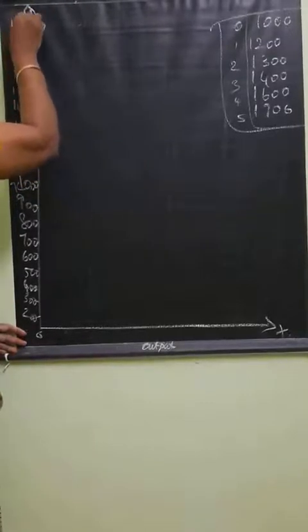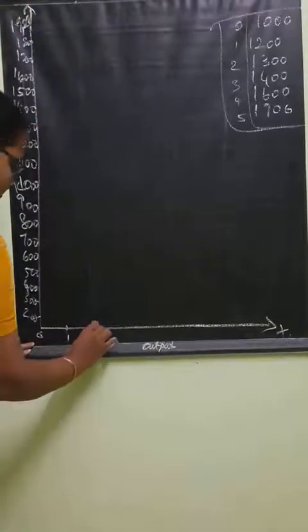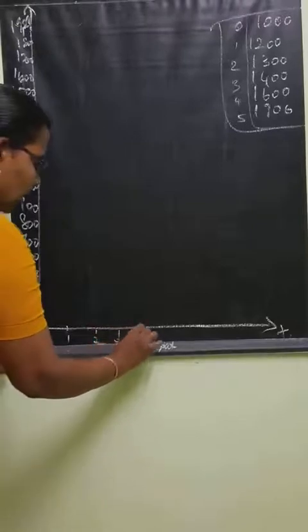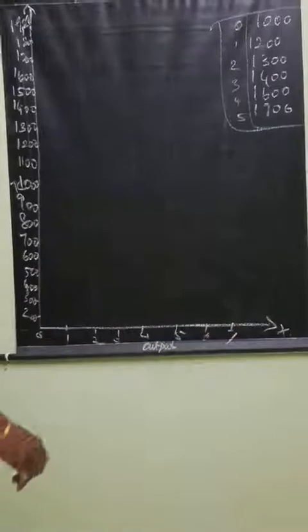Here 1900 I have drawn. Now output is 1, 2, 3, 4, 5, 6, 7.